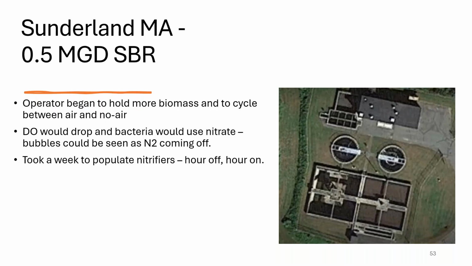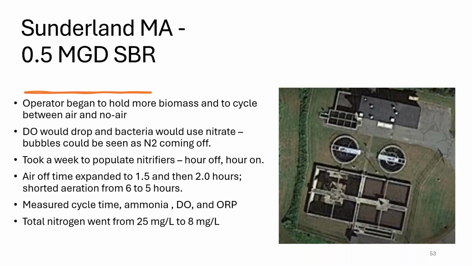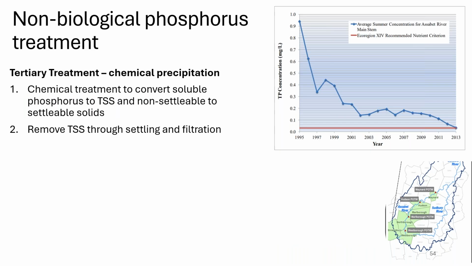He started off with an hour off, an hour on, and he expanded that air off time gradually, cautiously, to 1.5, and then he went as long as 2 hours, and shortened the aeration time a little bit, because you have to make sure you process enough flow for the day. And some of the process controls that he used was a timer. He measured ammonia, measured DO levels, and ORP, and the total nitrogen in the effluent went from 25 milligrams per liter down to 8.